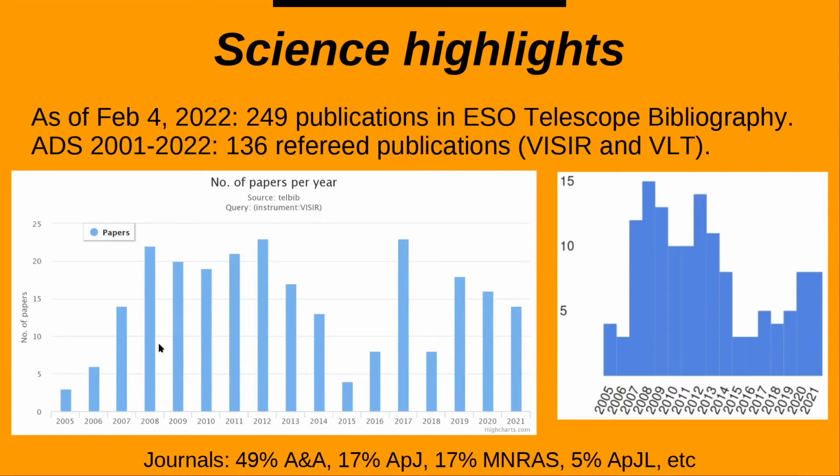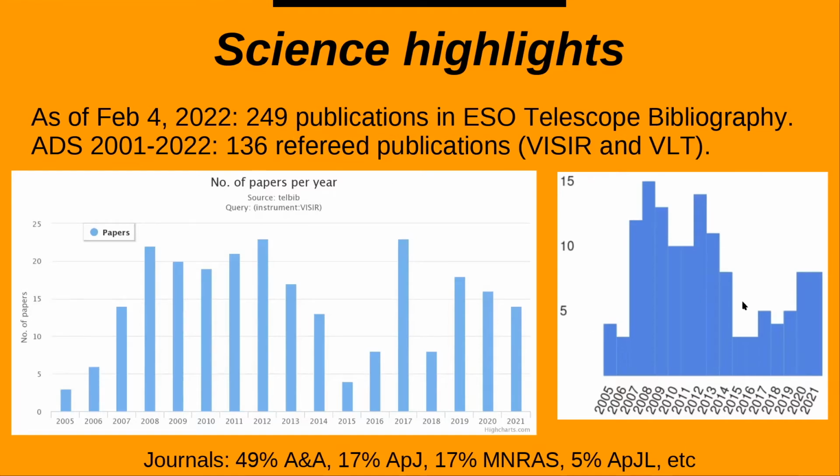On the left, you see how the number of papers per year has evolved according to our internal ESO telescope bibliography service. On the right, you see a similar plot, but based on ADS, and there is no easy way to identify all papers. I only looked for papers with VISIR and VLT in the abstract, so it identified about half of all the VISIR papers.